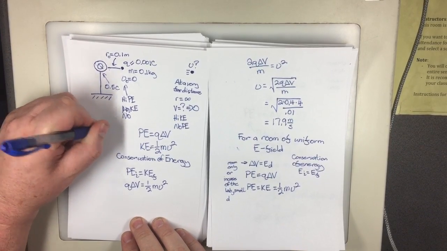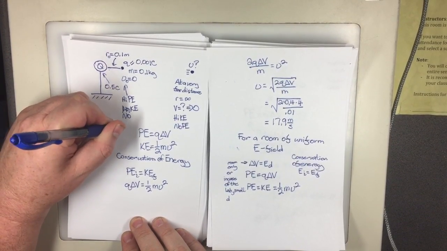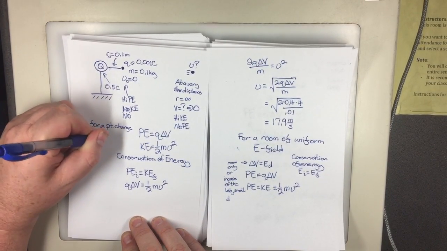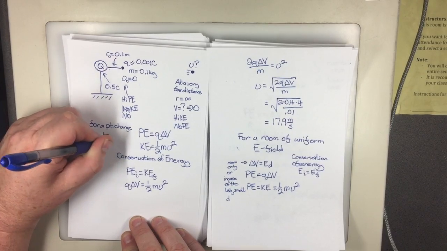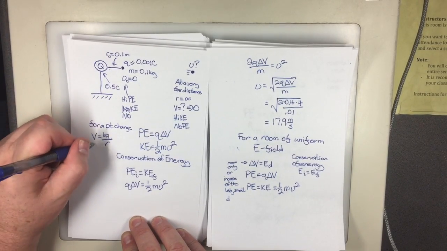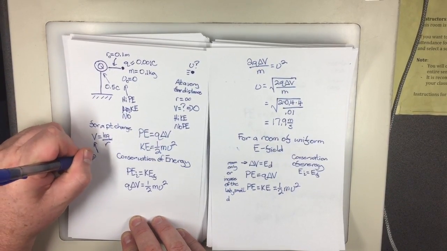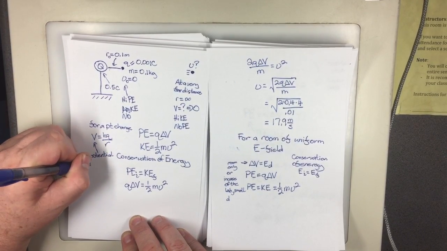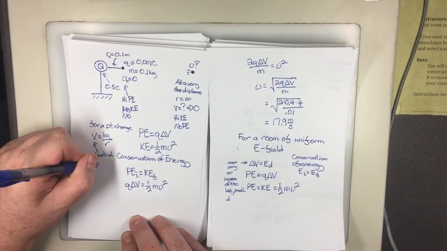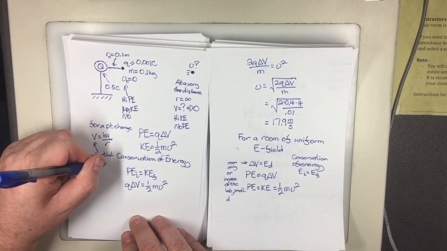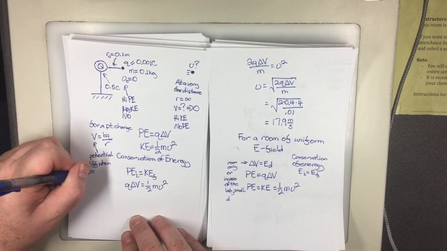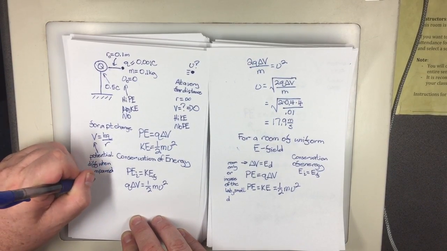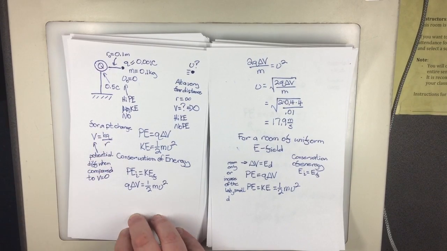for a point charge, the potential V is equal to KQ over R. This V is the potential difference when compared to V equals 0.